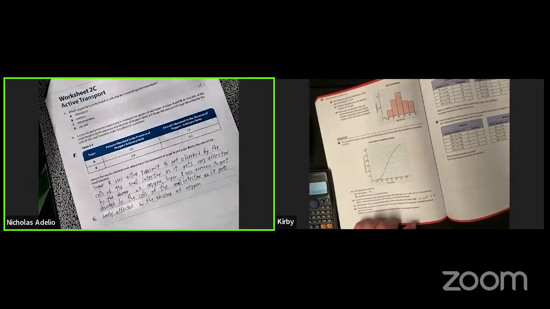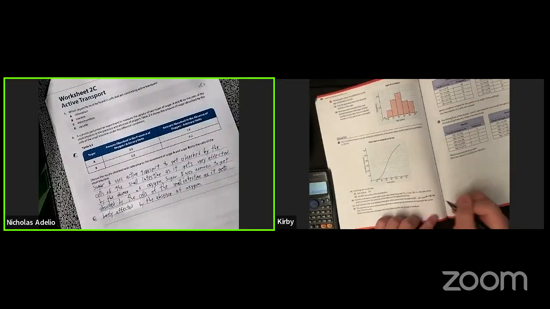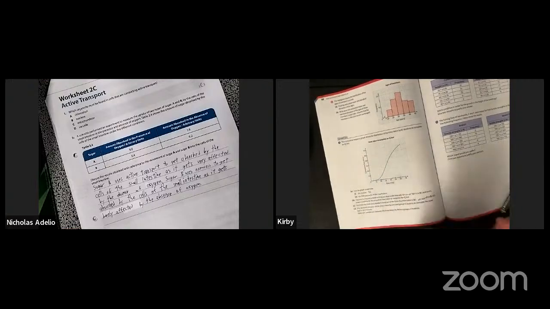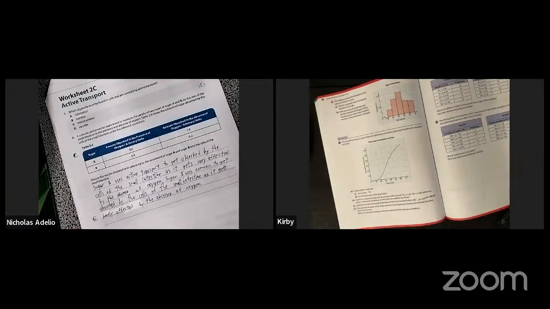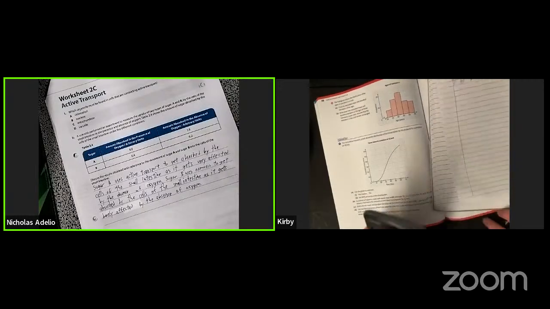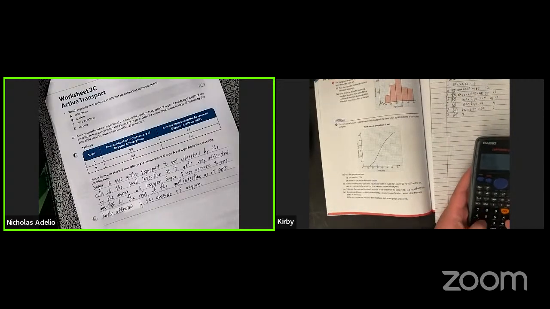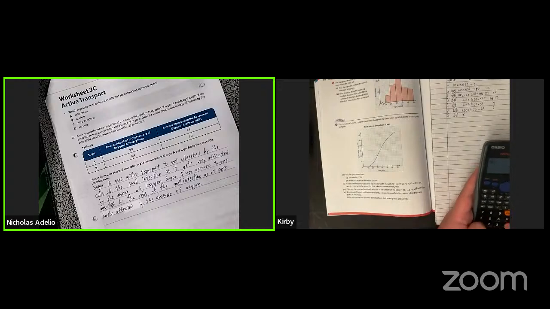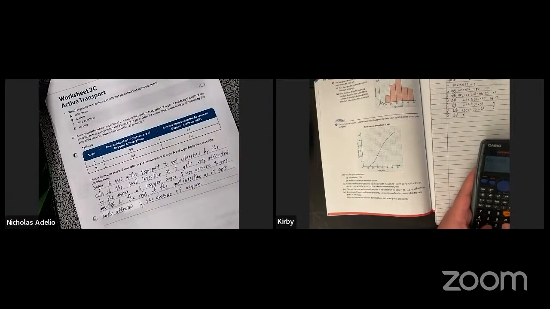How is it, Kirby? Is Sugar A used to transport, absorbed by the cell? I think I did it wrong. Check one more time. Absorbed by the cell as it gets very affected by the absence of oxygen. Sugar B doesn't. Kirby, can you improve my phrasing?